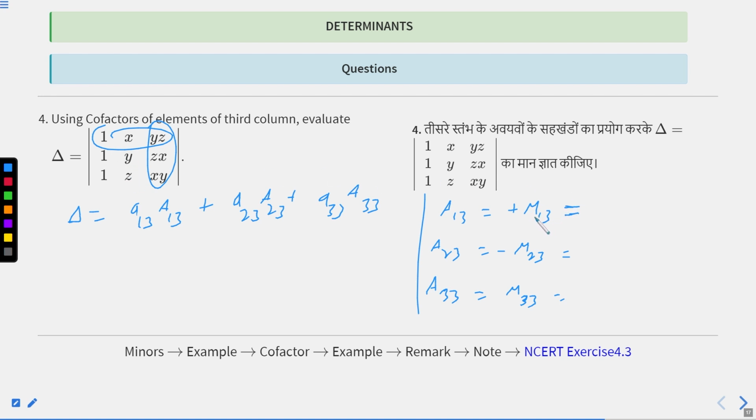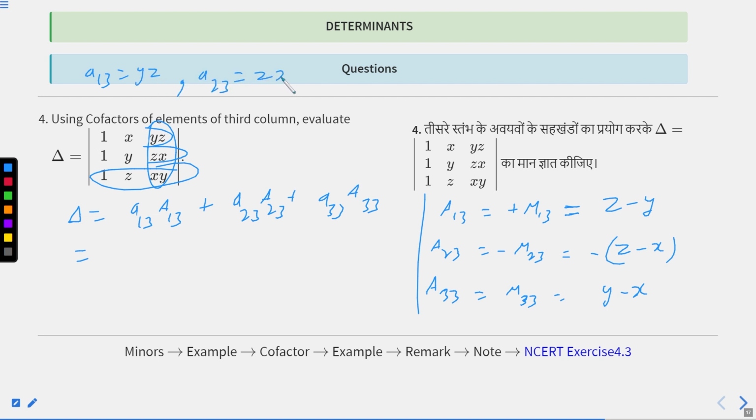Eliminating first row and third column you will have this determinant, and solving this you will have z minus y. Now eliminating second row third column you will have z minus x. Now eliminating third row third column you will have y minus x. Simple. So a13 is yz, a23 is zx, and a33 is xy.